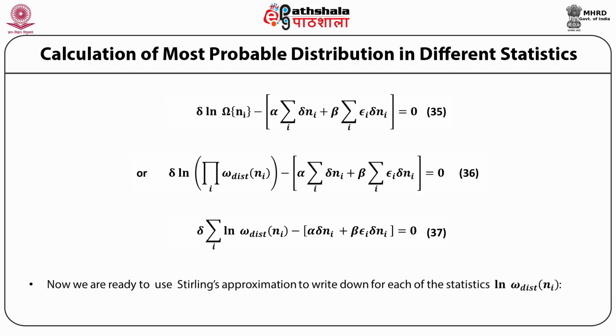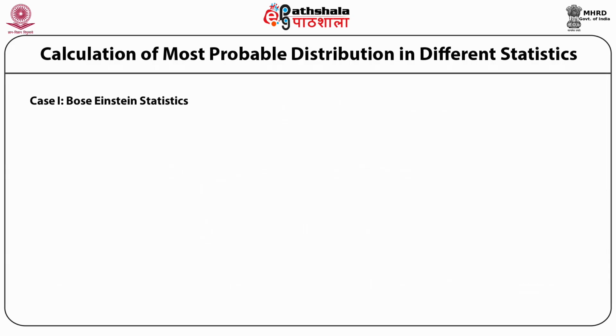Now we are ready to use Stirling's approximation to write down, for each of the statistics, log of omega over a distribution ni. Case 1. Let us look at Bose-Einstein statistics.